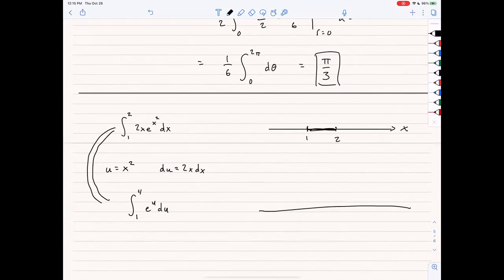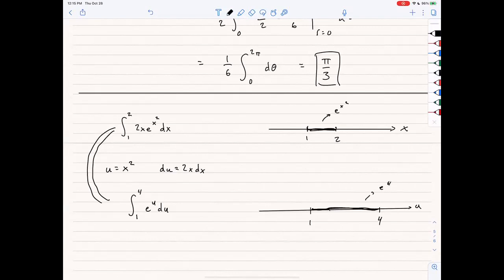But I wanted you to think about it in a different way in preparation for next week. We also have this other line, this u line, and we have this interval 1 through 4. Here we have this function e to the x squared, and here we have this function e to the u.